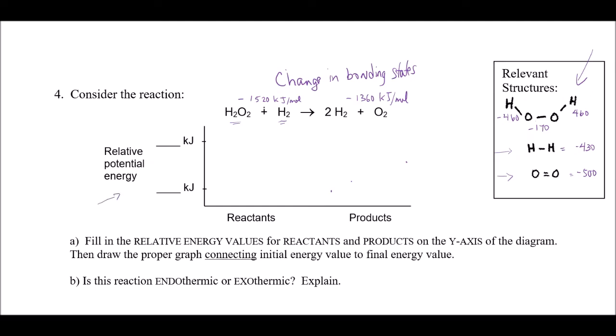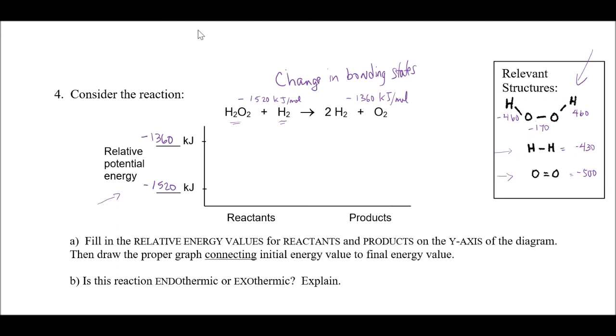Which is the lower number? Since they're negative values, the lower number is negative 1520 kilojoules per mole. And the higher number is negative 1360 kilojoules per mole. That may look backwards to you, but it's because these are negative numbers. These are wells. 1520 negative is way down in the well.